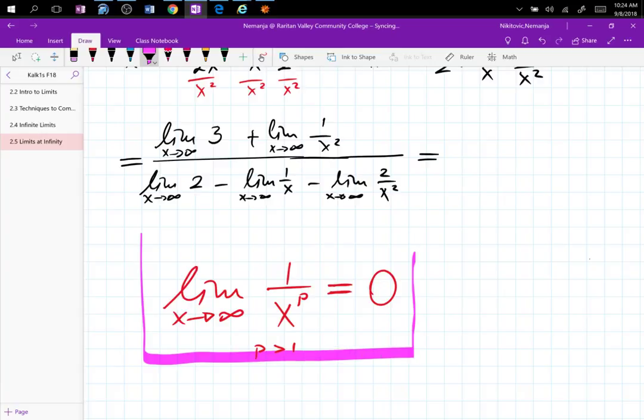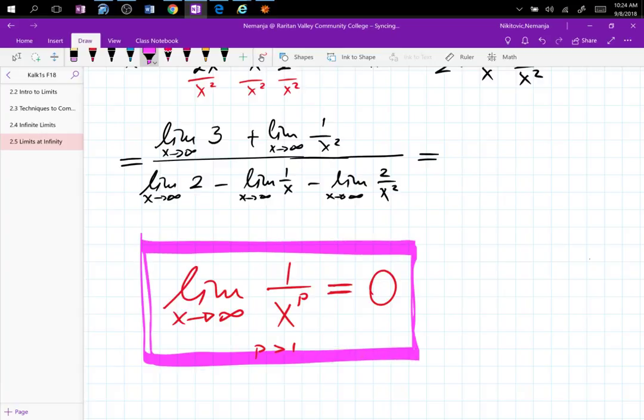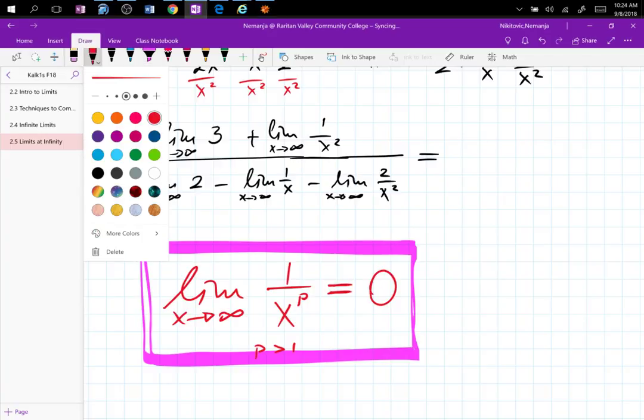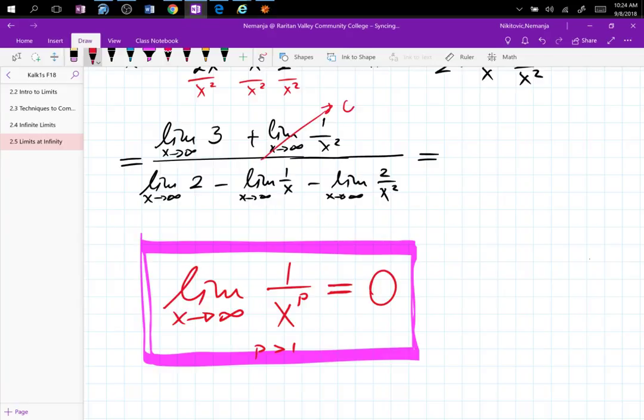So, this big formula over here that is going to stay with you for the rest of your life says this, and if we know that, then 3 of these limits are dead instantly. Limit of 3 is 3, limit of 2 is 2, so the answer is 3 halves.